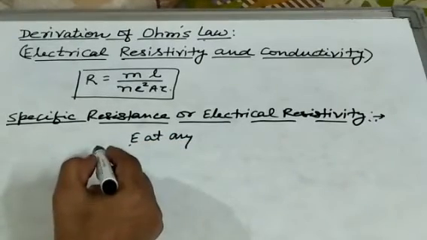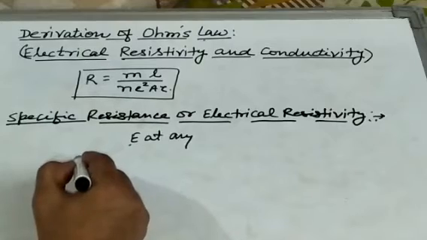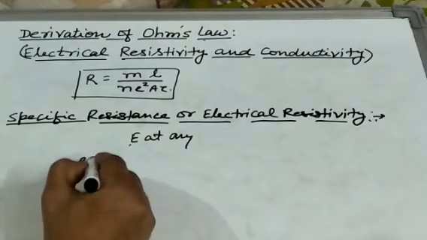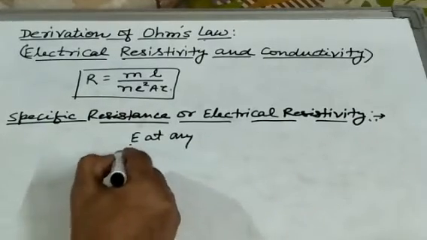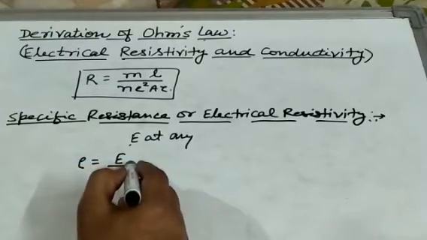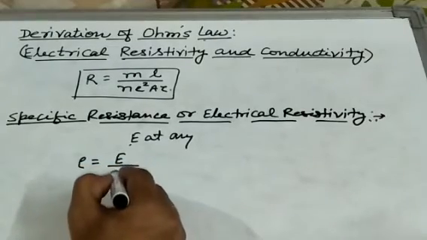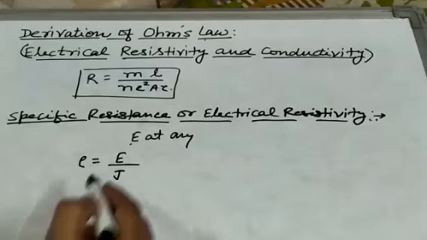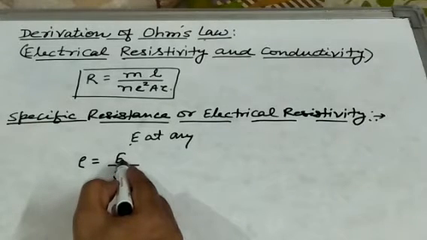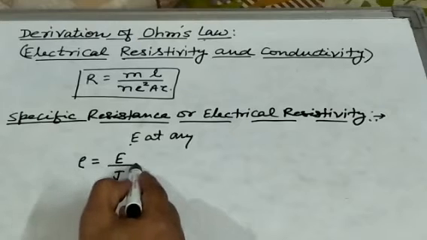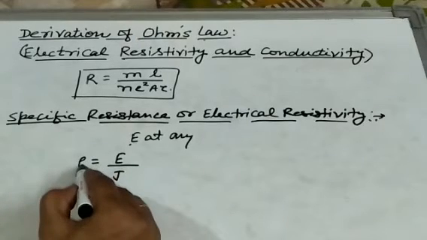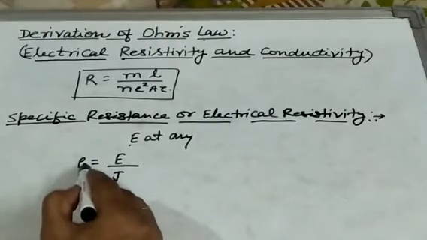Specific resistance is denoted by rho, and it is given by rho is equal to E by J, where E is the electric field intensity and J is the current density. So the ratio of electric field at any point within the conductor to current density at that point in the conductor is called the specific resistance.